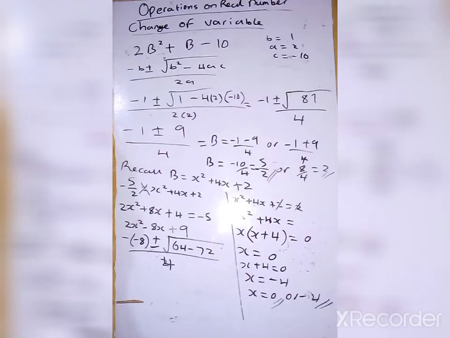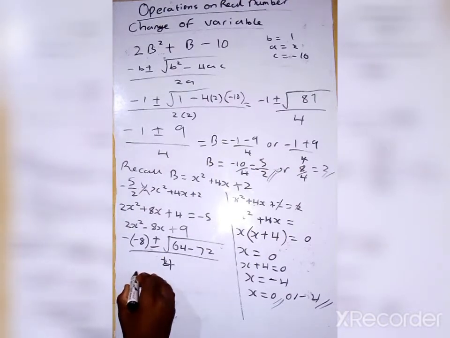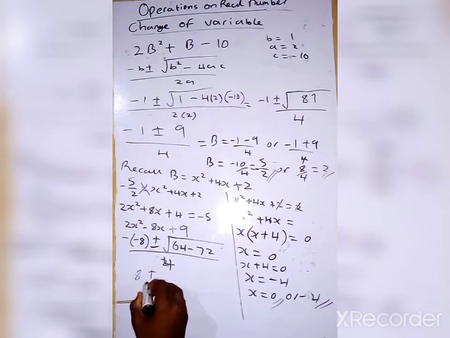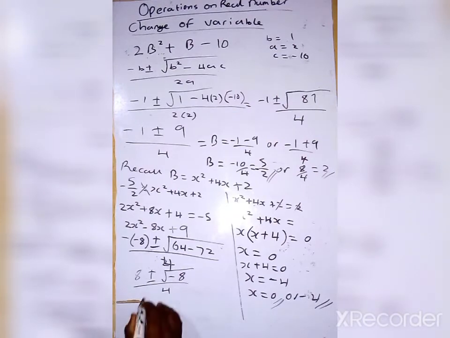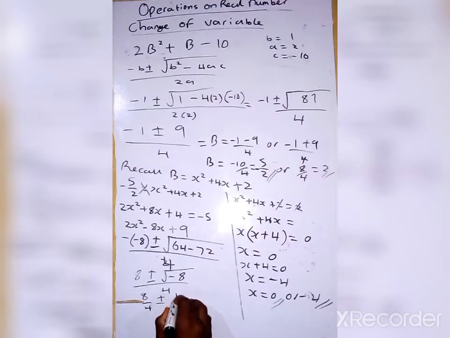So 64 minus 72 is minus 8. So now I can see this will be minus 8 plus or minus the square root of minus 8, everything over 4. Splitting this, I can see minus 8 over 4 plus or minus the square root of minus 8 over 4.